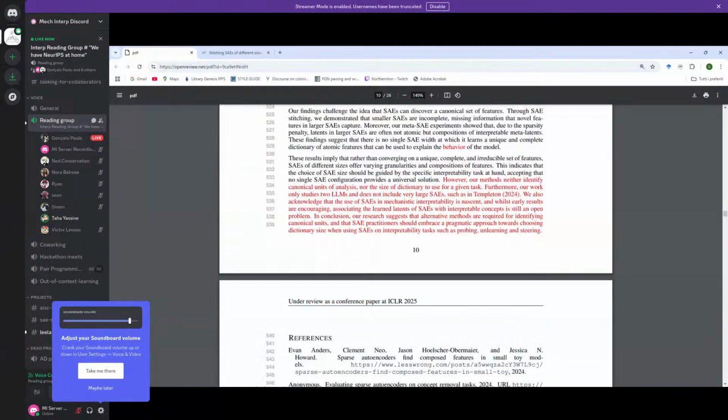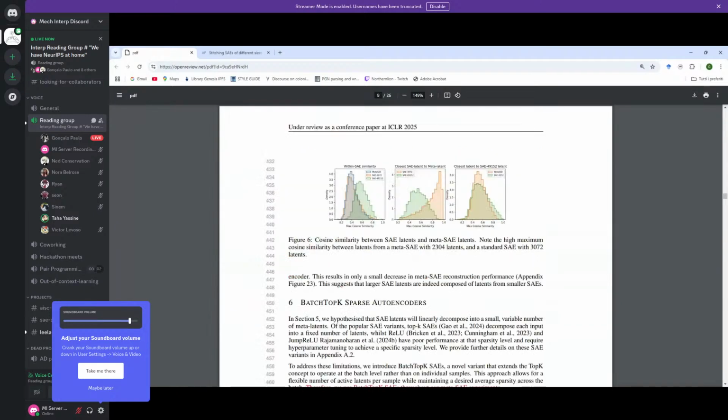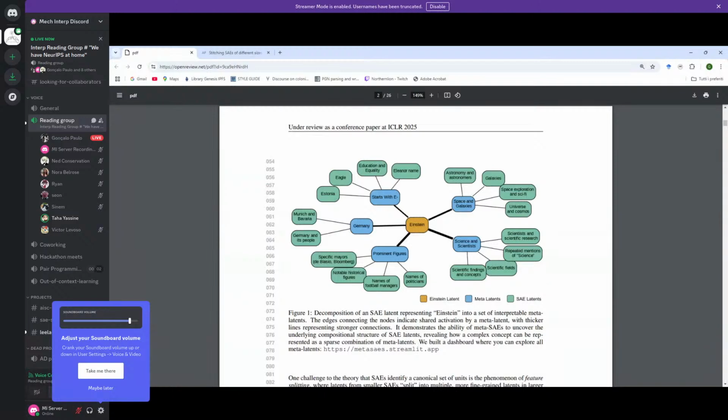I do agree. The example they show with Einstein is that they use the meta SAE to find other, more atomic features. But one of the features, I think it started with E, I would argue is maybe less atomic than Einstein. And the fact that they can decompose Einstein into other features, I don't know if it shows that Einstein is atomic.